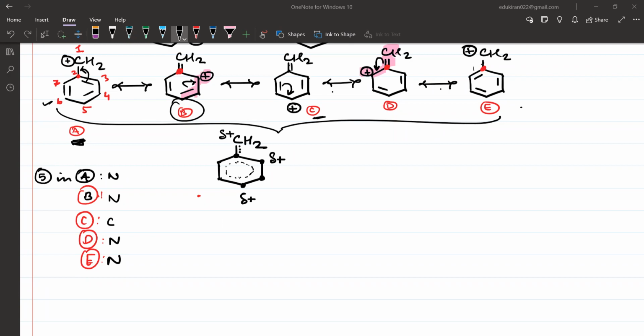Irum, please add the ring, if there is no ring it will be wrong. You will not get even one mark if you don't draw the ring in the benzene structure. Please add the ring, don't forget the ring, otherwise it will be correct. Okay, everything is correct, just add those ring or dotted lines. Benzene, you can write it like this, or you can write it like this, or you can write like this also.